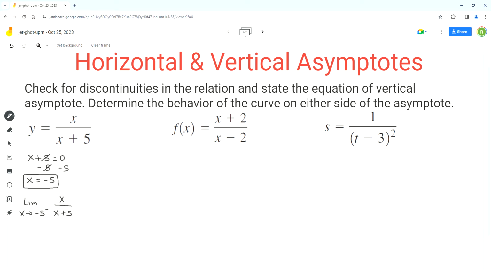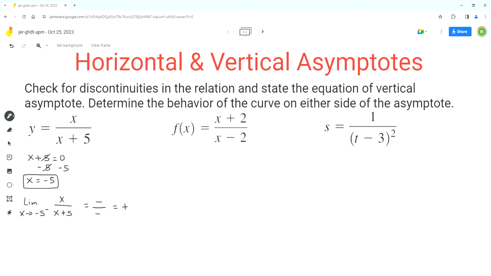If we sub in x as -5.1, the numerator will be a negative value because the numerator is just x, and in the denominator, we'll have -5.01 plus 5, and we will get a negative result in the denominator as well, because x is a bigger negative number than 5, and the negative over negative is equal to positive.